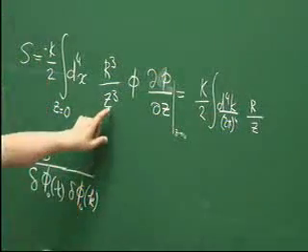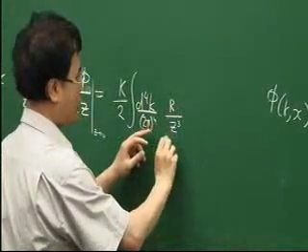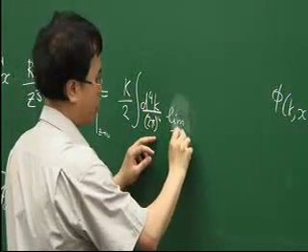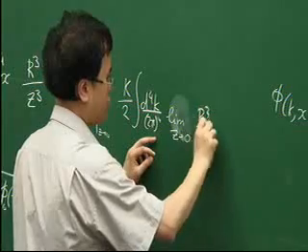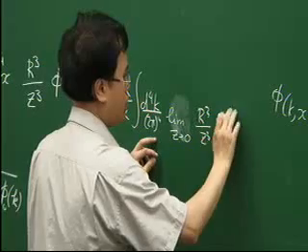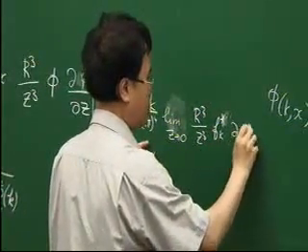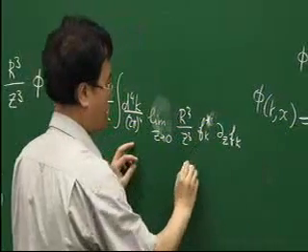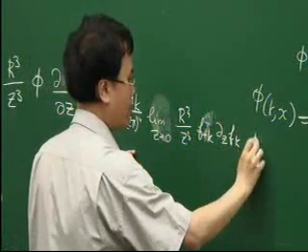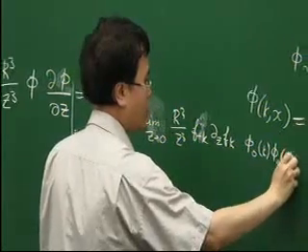You might be bothered by this 1 over z cubed. If you are bothered, then think about that as a limit z goes to 0. Now f of k star dz f of k, let's see, f minus k dz f minus k, phi 0 k, phi 0 minus k.